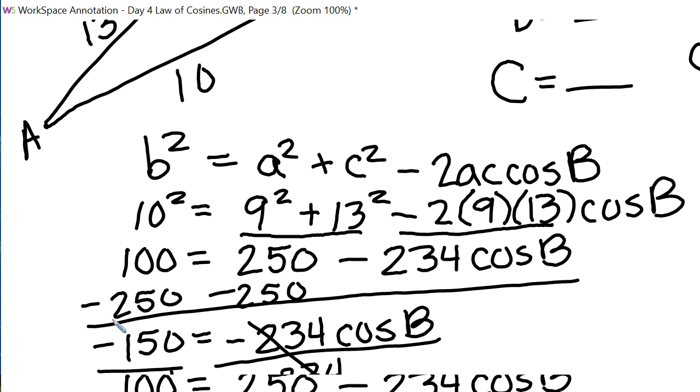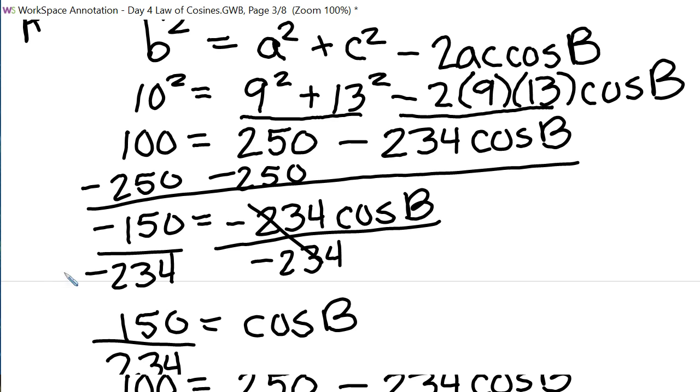Now this fraction does simplify, but you're about to put it in a calculator anyway, so it doesn't matter if you simplify that or not. But notice this is an arc cosine value. How would I need to enter that into the calculator? You do second cosine, which would be cosine to the negative 1, so inverse of cosine. And then inside the parentheses, you need to do 150 divided by 234.